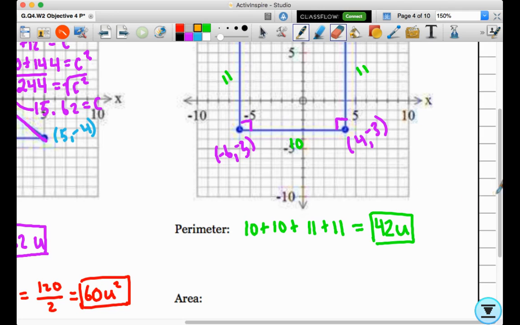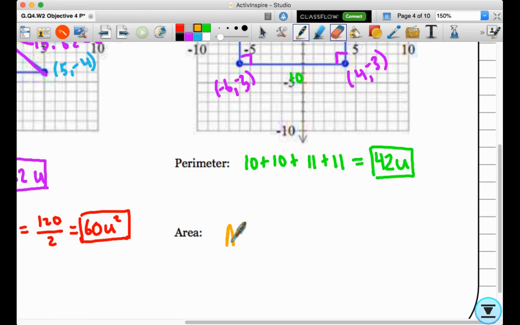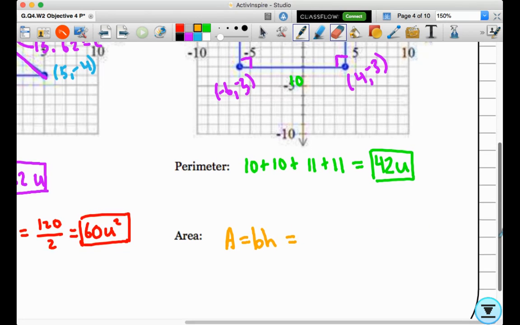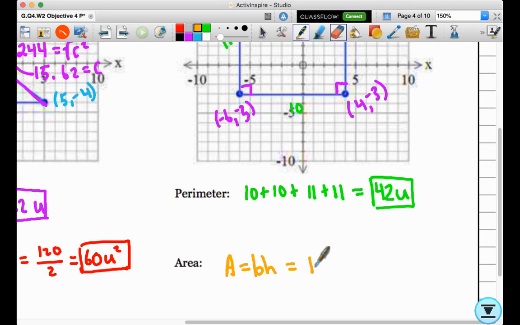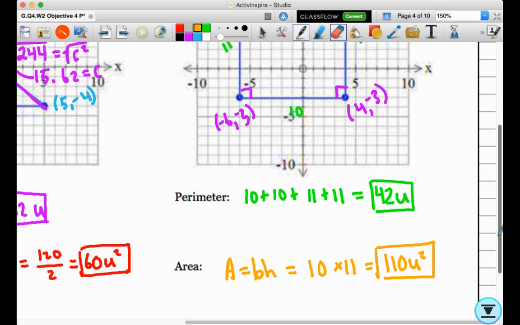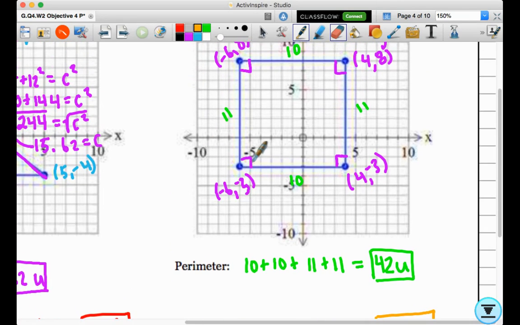What about the area? Well, it's a rectangle, so area is base times height, right? The base and the height are perpendicular. You're just multiplying the 2 dimensions. So 10 times 11 is 110 units squared. That literally means there's 110 little boxes in here.